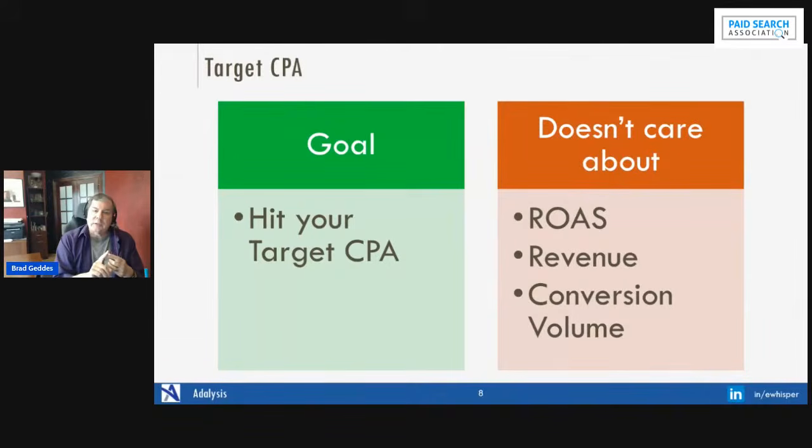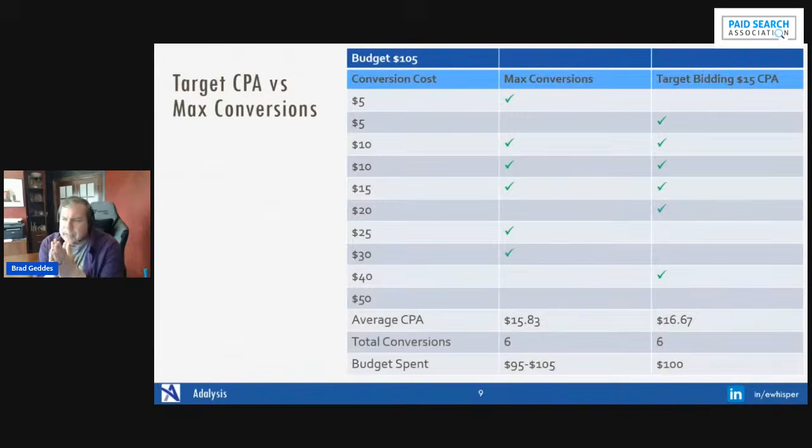Max conversions says, get me the most conversions possible, but I don't care about the CPA. Target CPA, right, is completely opposite. It's like, I want to hit my CPA, but I don't care about getting that last conversion if it breaks my CPA.